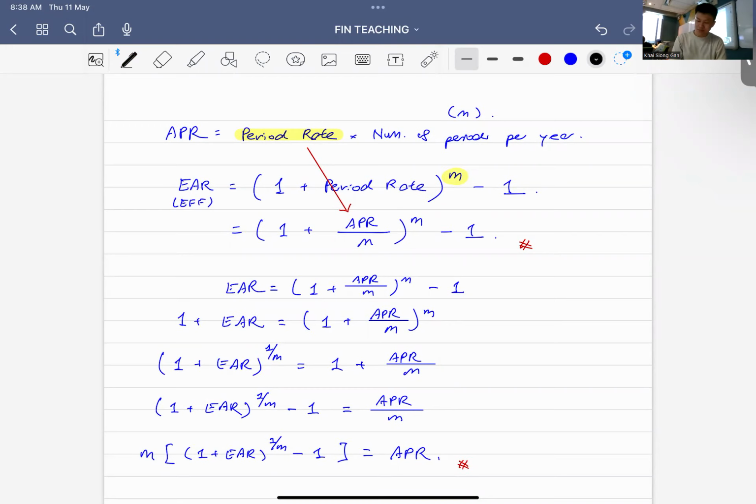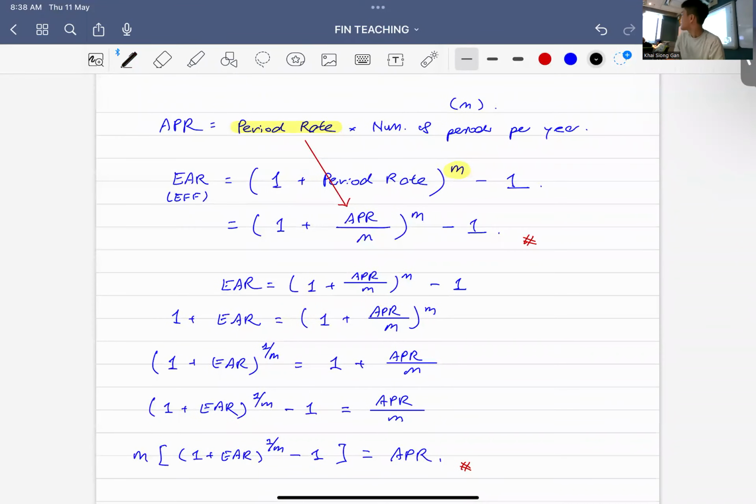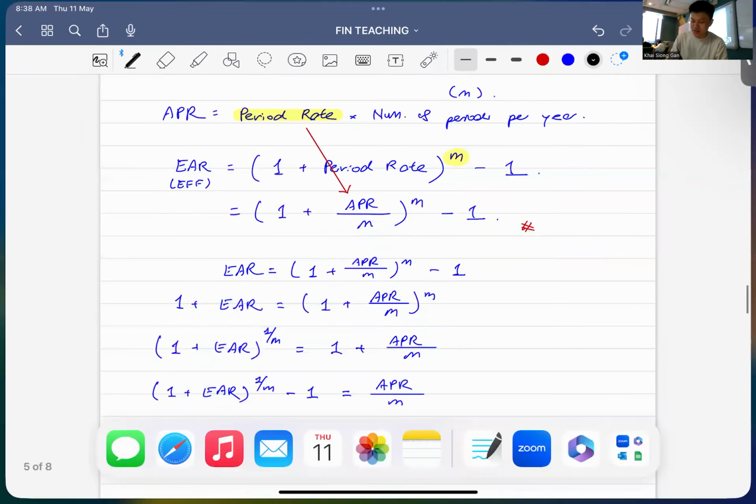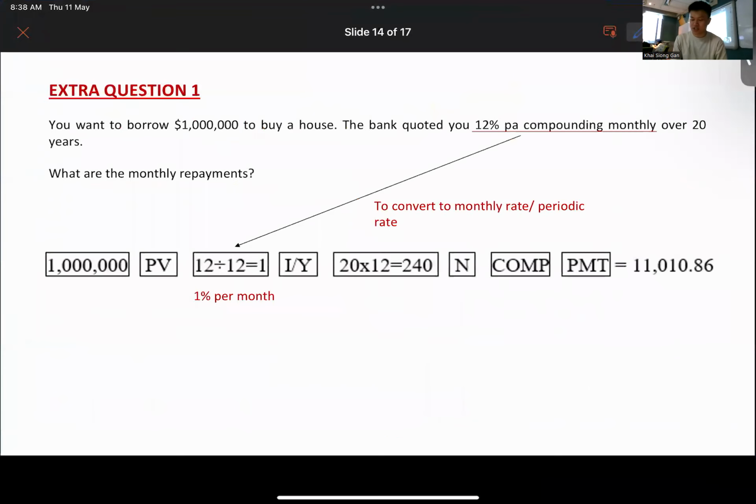Okay, all good. That's the things you need to know for your tutorial 5, it is short. Before you look into tutorial questions, let's have a look into the extra question first, which is also in your tutorial question as well.